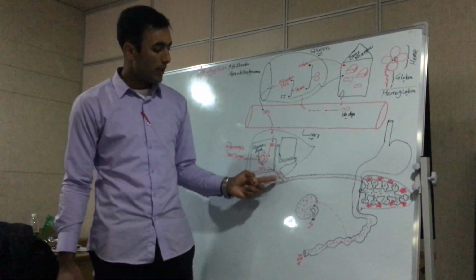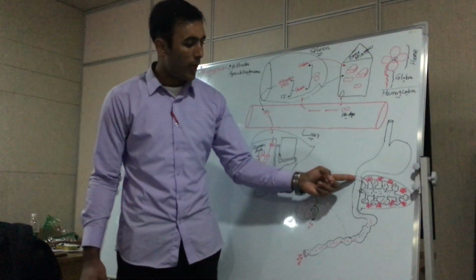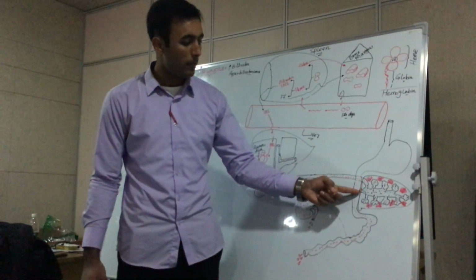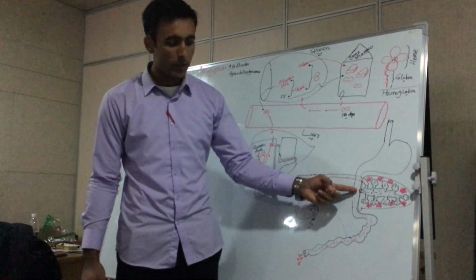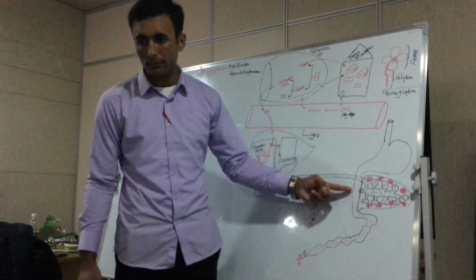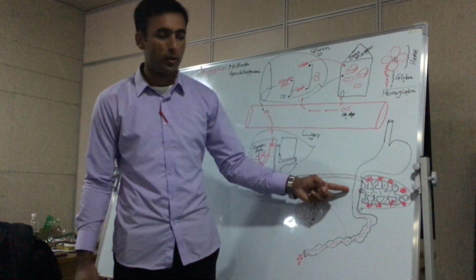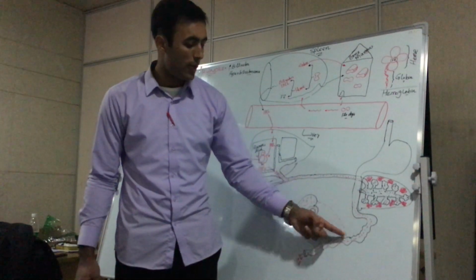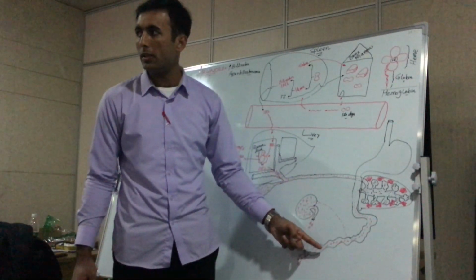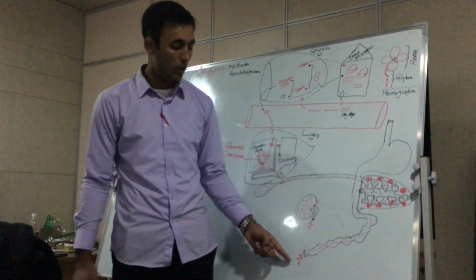So this DBIL comes through this way and goes through the common hepatopancreatic duct into the duodenum. Then through the duodenum, jejunum and ileum, it goes into the large intestine, right? And goes out.